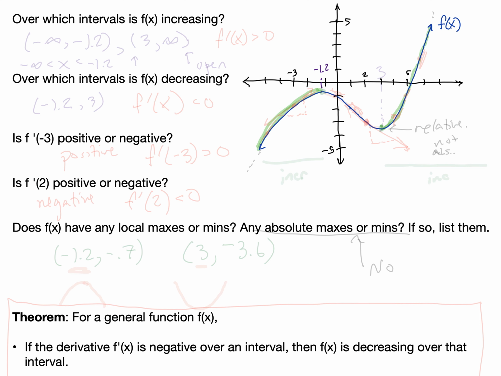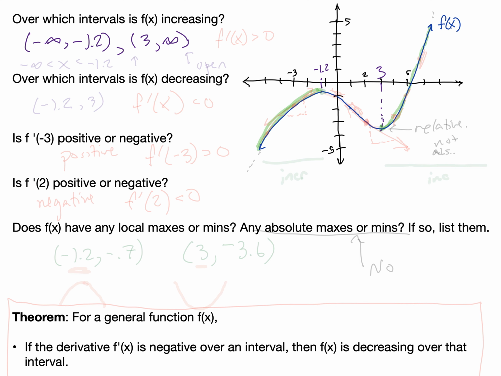This is just estimating, and maybe this is starting again at something like 3. So that would be the interval from negative infinity up to negative 1.2, as well as the interval from 3 to infinity. Those are the intervals over which f of x is increasing.